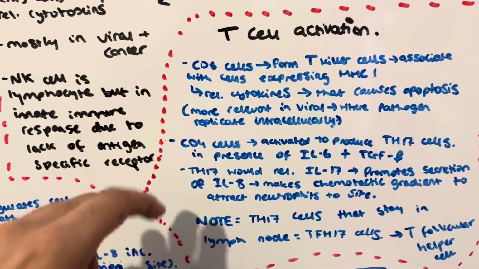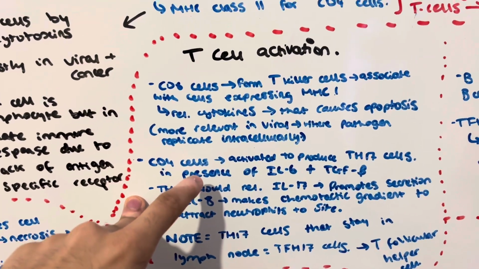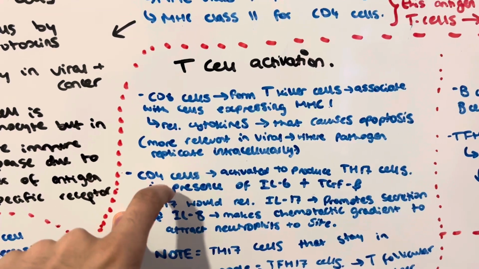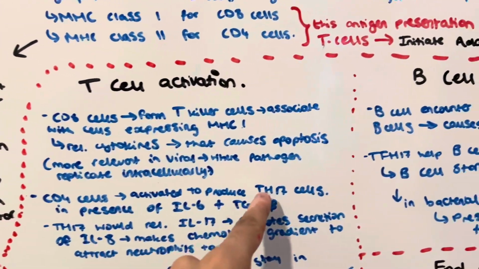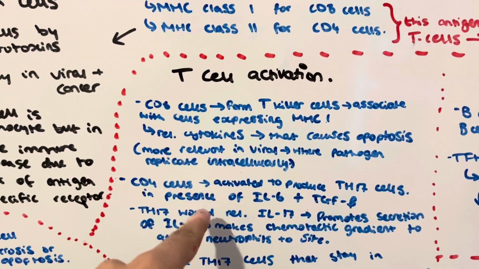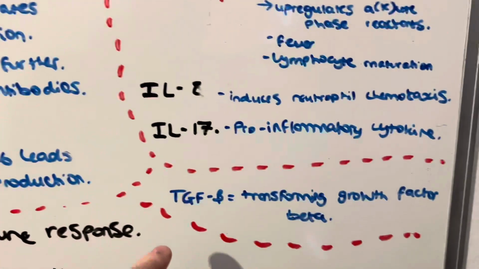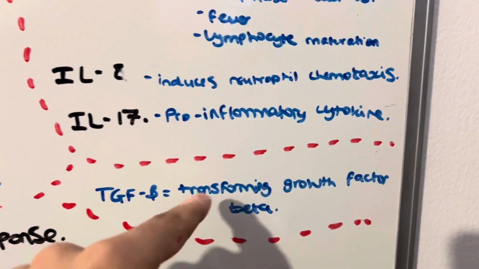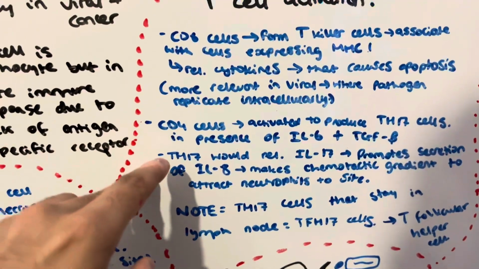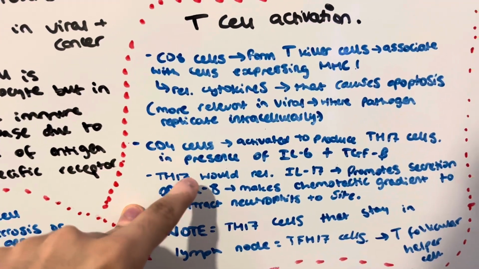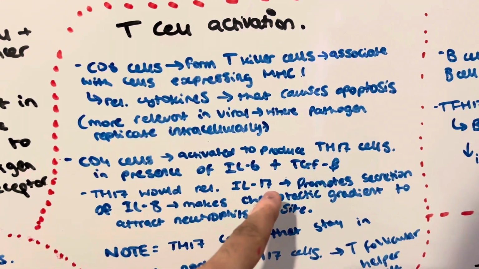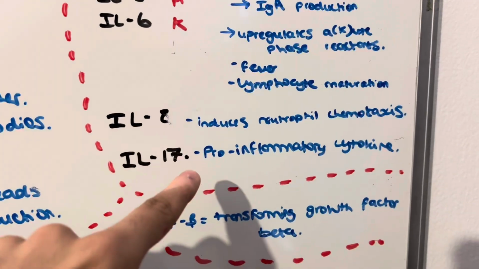So our CD4 cells are activated to produce T helper 17 cells in the presence of interleukin 6 as well as TGF-beta. TGF-beta stands for transforming growth factor beta. And T helper 17 cells would release interleukin 17, which is a pro-inflammatory cytokine.